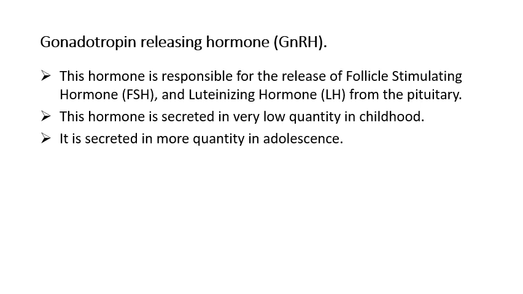So gonadotropin releasing hormones control the reproduction process in the body. And this hormone is secreted in very low quantity in childhood, and in more quantity in adolescence. Since this hormone is associated with reproduction, this is how the quantity changes according to the age.